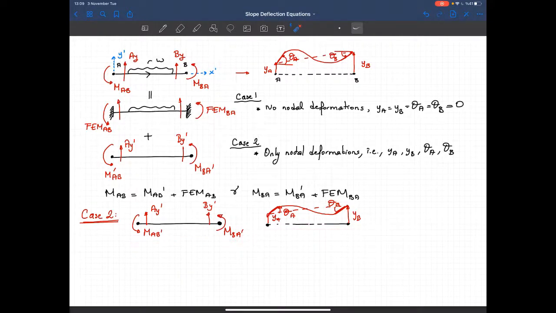It doesn't matter how the members are loaded, this part is exactly the same for every member. The loading will influence only the values of these fixed end moments, nothing more, but this part always remains the same. That's one of the reasons for doing such a superposition. I separated the effect of the loading from the effect of nodal deformations.